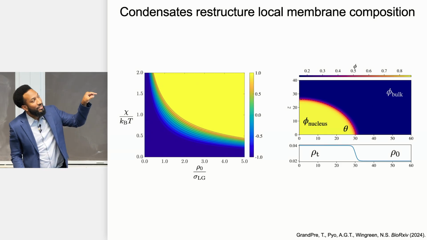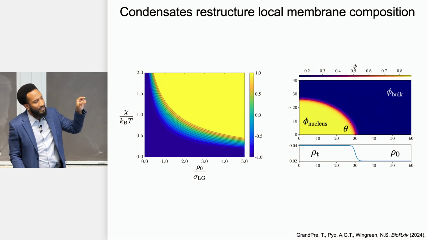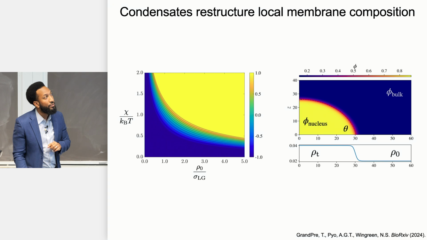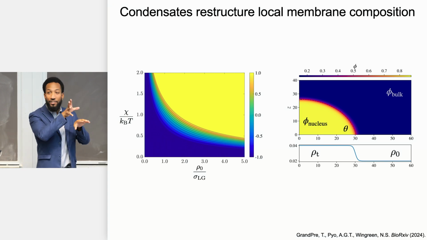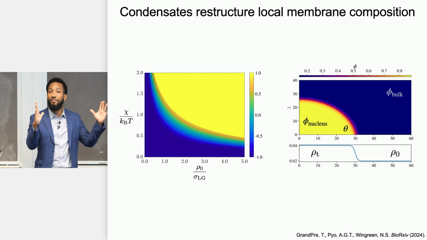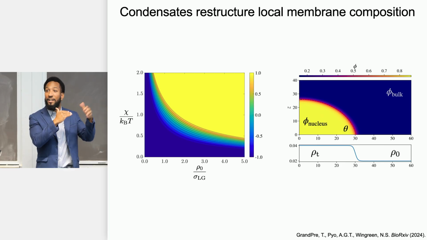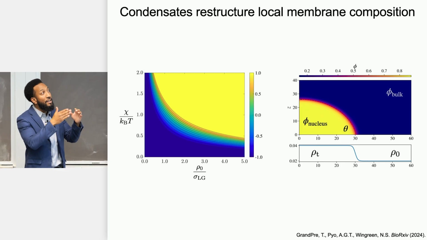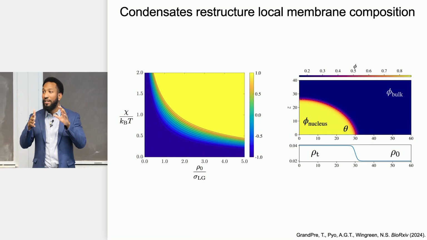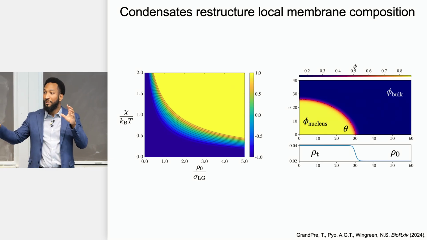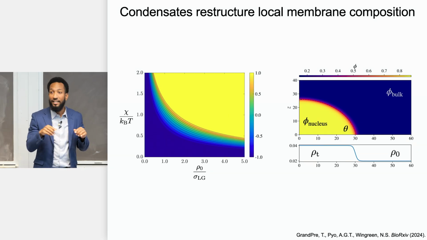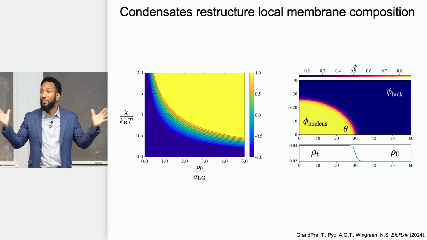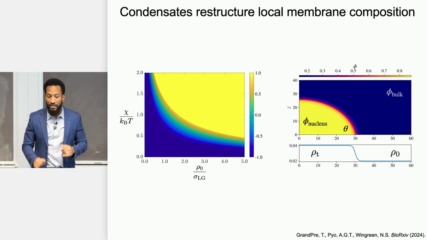And then underneath it, you see rho T and rho naught. Rho T is the density of tethers right under that liquid droplet, which is enriched under the droplet because it's interacting with the liquid droplet. Rho naught is outside of the droplet, and so you see that it jumps up from rho naught to rho T. That's because the tethers are being enriched right underneath the droplet.